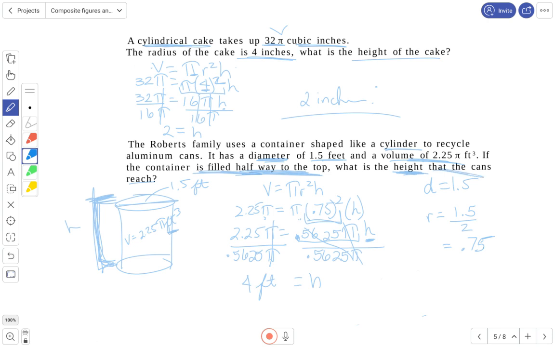So the cans are only going up halfway. So if the whole can is 4 feet, the cans will reach 2 feet high in the container.